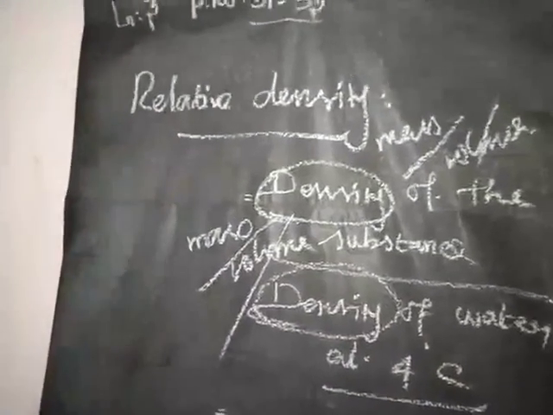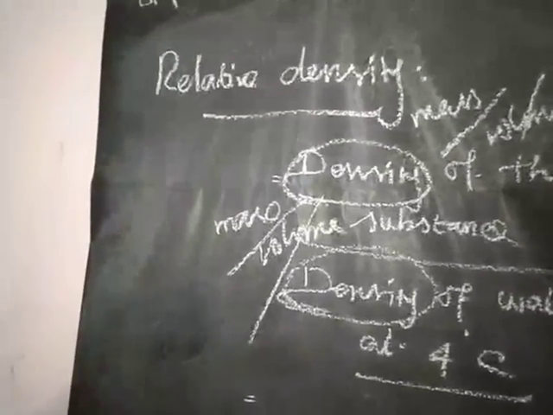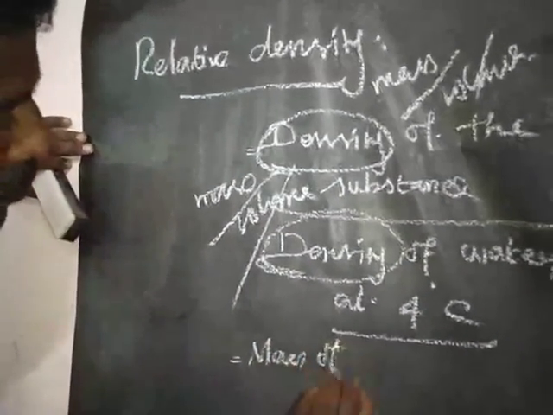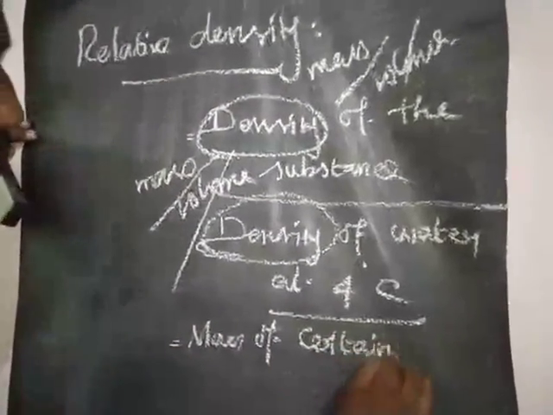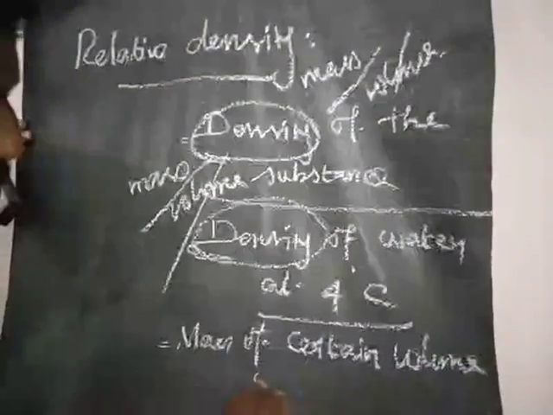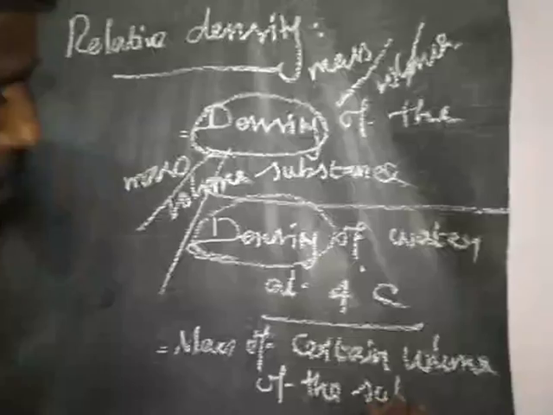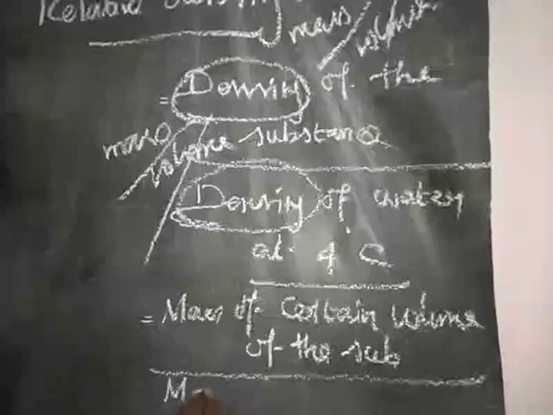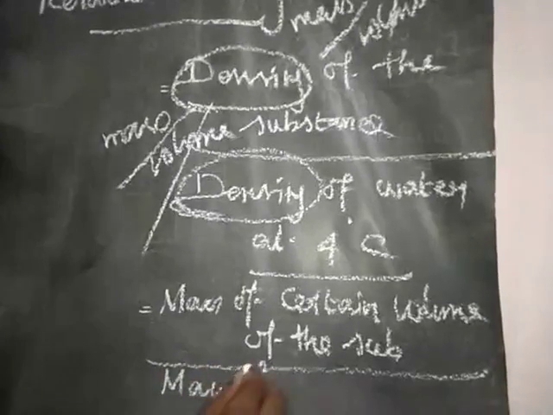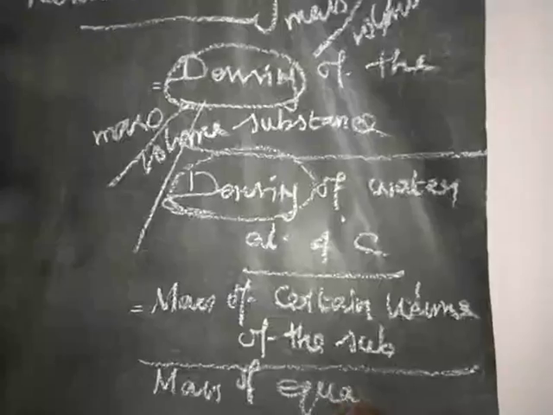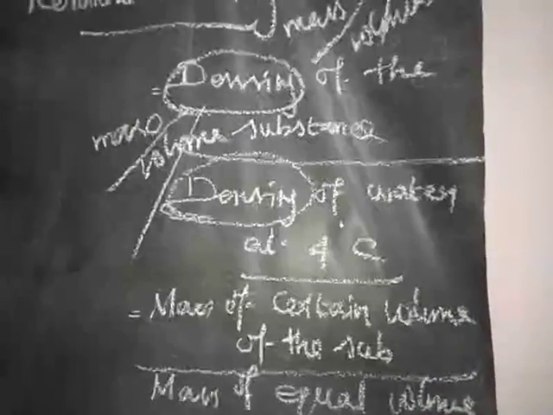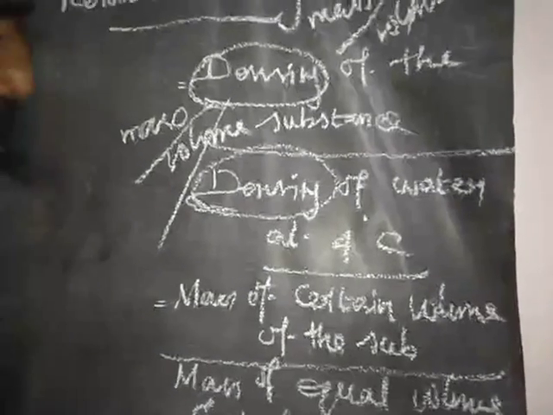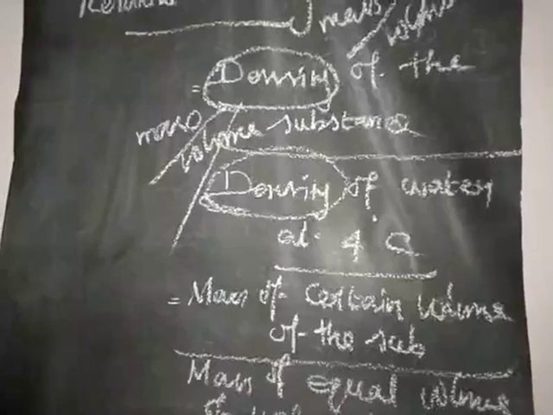The formula is the mass of a certain volume of the substance divided by the mass of an equal volume of water at 4 degrees Celsius.